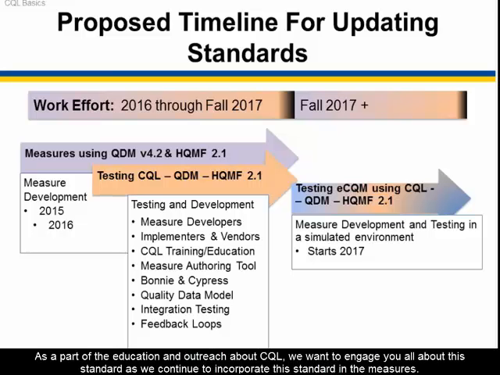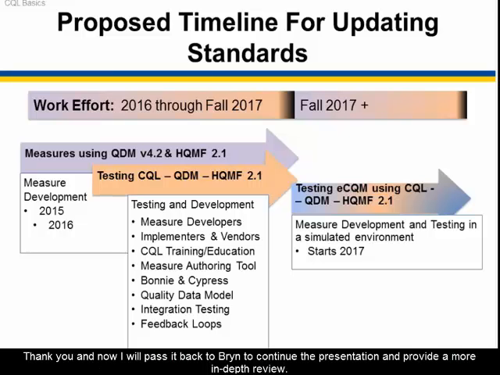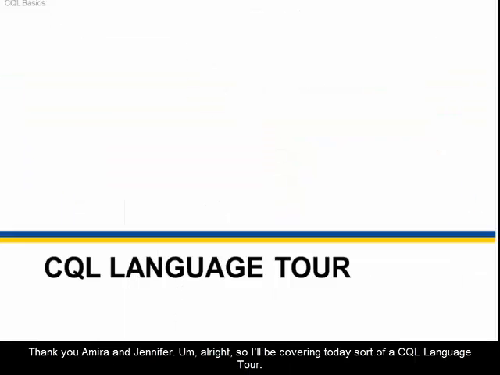As a part of the education and outreach about CQL, we want to engage you all about this standard as we continue to incorporate this standard in the measures. Thank you, and now I will pass it back to Bryn to continue the presentation and provide a more in-depth review. Thank you, Amira and Jennifer.